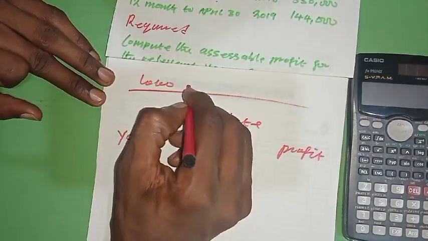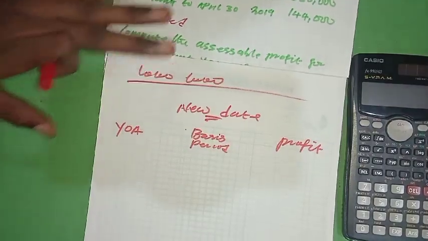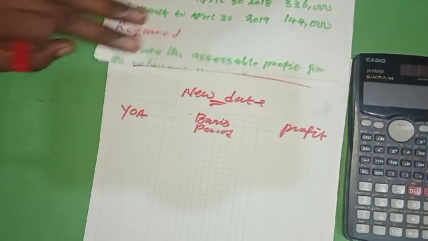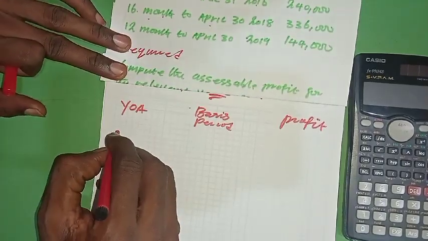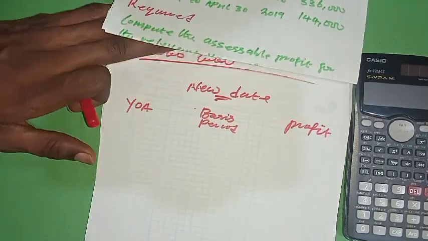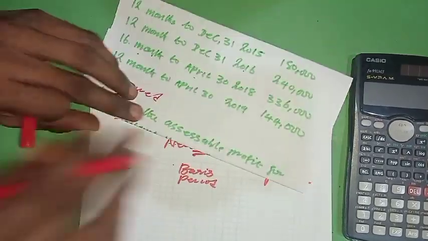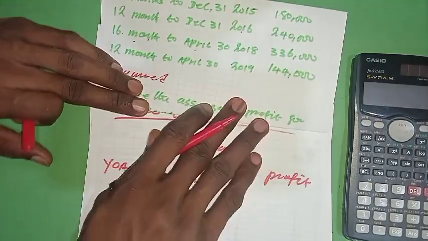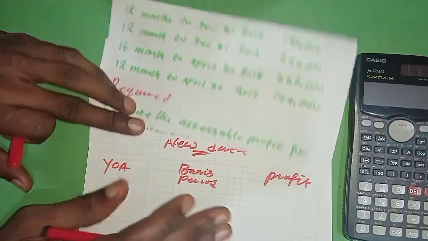Always put your heading, please. For example, purpose. Now, our year of change is what? 2017. Sorry, what is the new date? The new date is, now, easy way to know the new date is this.